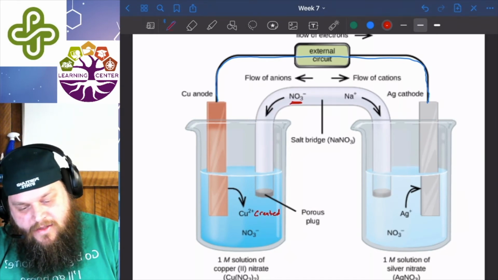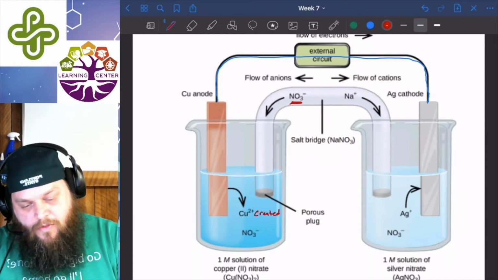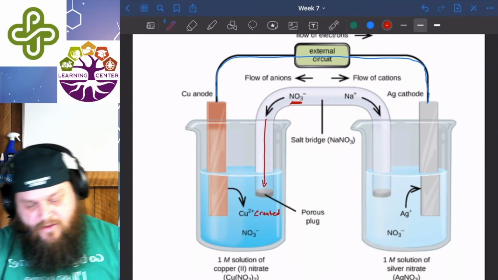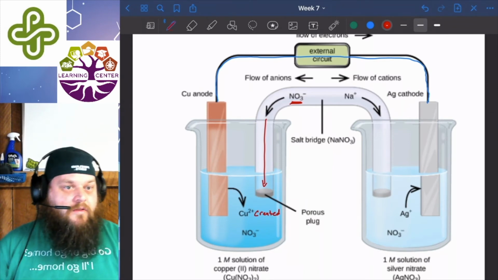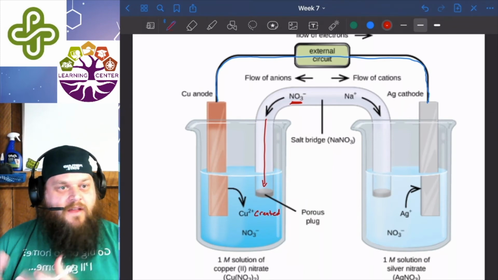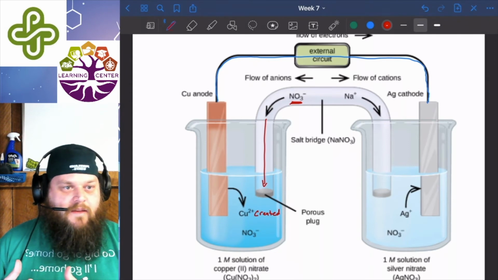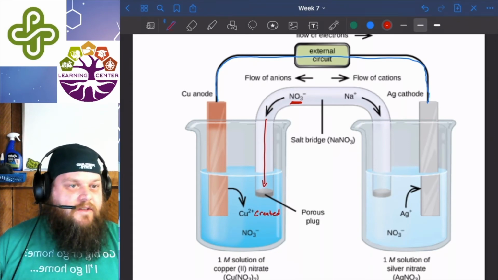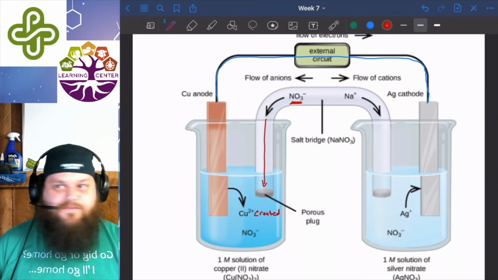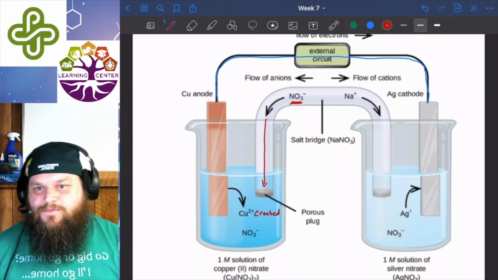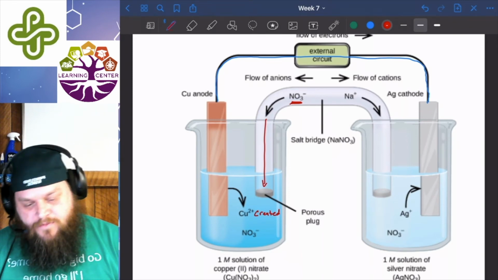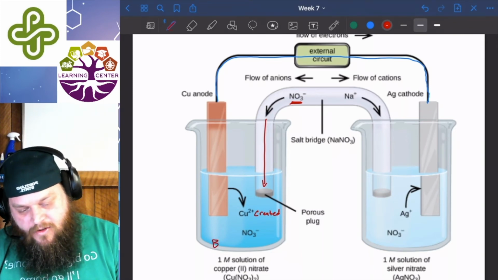And this nitrate, NO3, is going to flow out of the salt bridge into the solution to balance that chemical charge. The charge on that left side wants to stay the same. So that salt bridge releases the negatively charged anions to flow through there to keep a balanced charge over here.